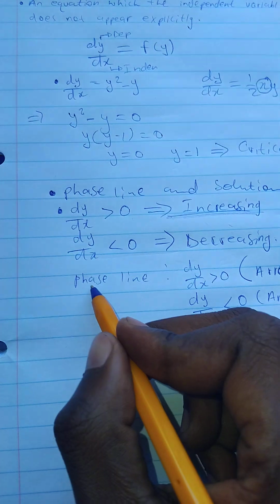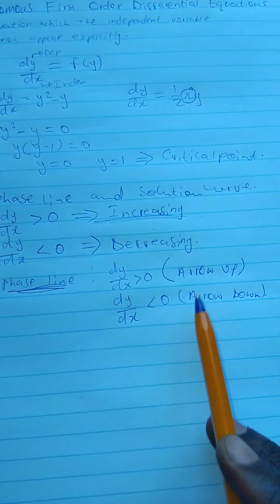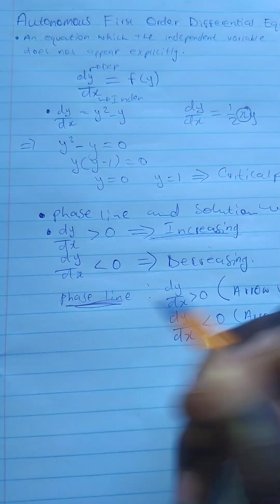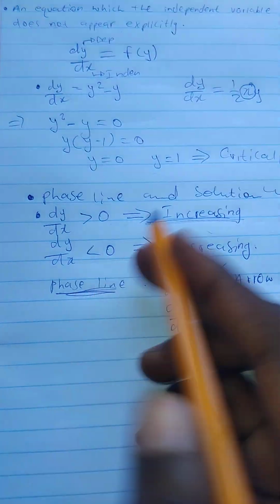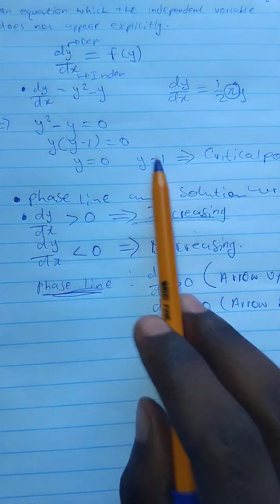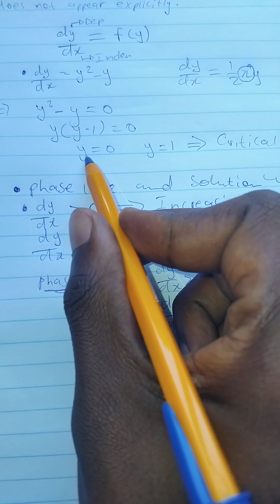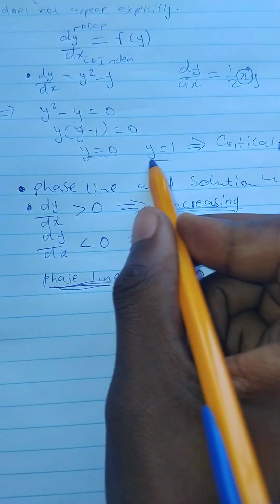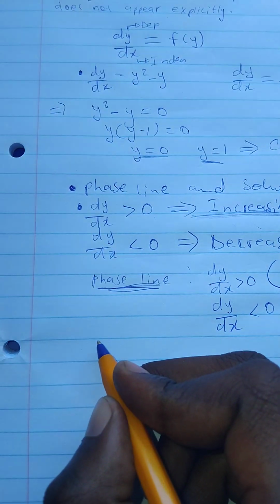So what I mean by all this information that I put up here, we can use an example to break it down quickly. Since we found this as our critical points, I'll just use this as an example again. We have found our critical points to be 0 and 1. So on the phase line, we include our critical points.